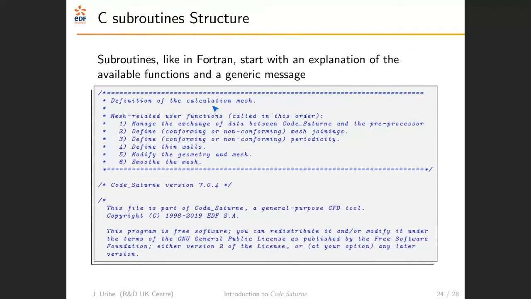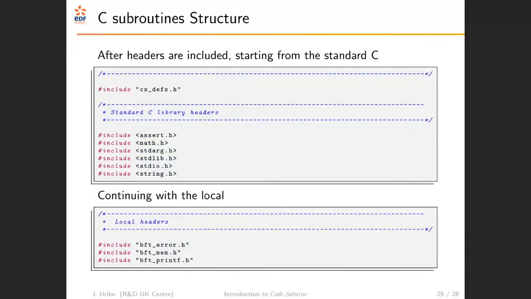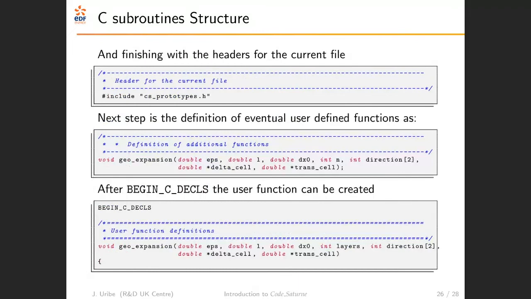Similar to Fortran, the subroutine starts with a description of what the subroutine is and the license. And then you have the includes, so the headers normally, with the standard C libraries and the local ones. And then you have your definition of the functions, like in your normal C program.